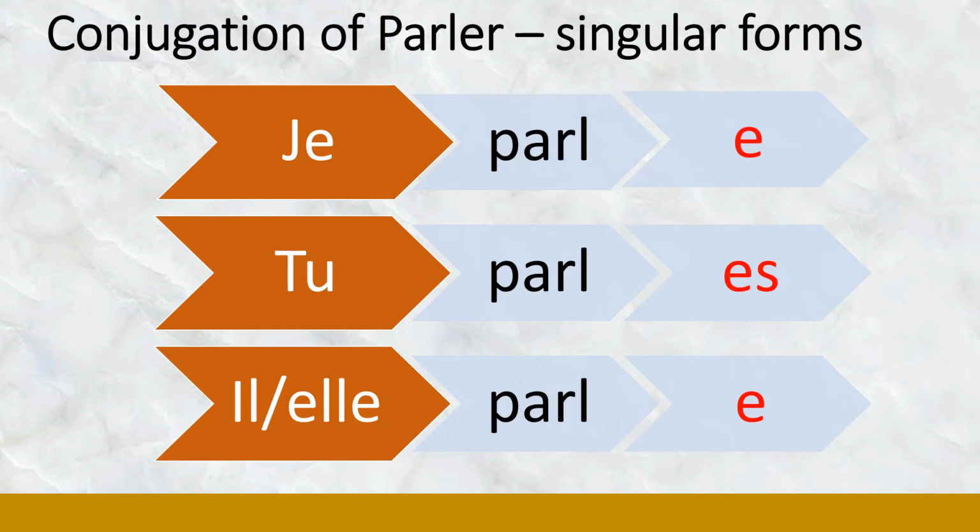P-A-R-L is your stem. And what I put in red is the ending. And it will always be this ending. So for je, it is an E. For the tu, it is an ES, and be careful, it's not an S of plural, it's just an ending. And for he and she, il or elle, it is an E.